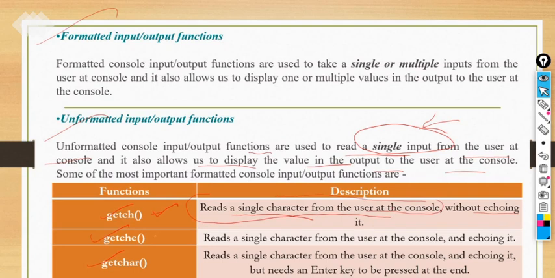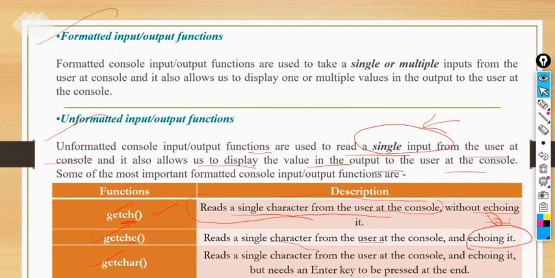But there is a difference between getch and getche. Here ch stands for the char, character data type. getche also reads a single character from the user, but it will echo. It will give you an echo after pressing the key.